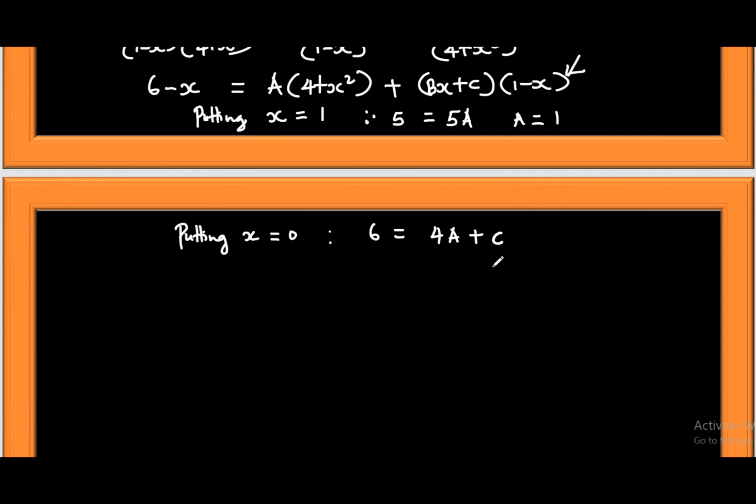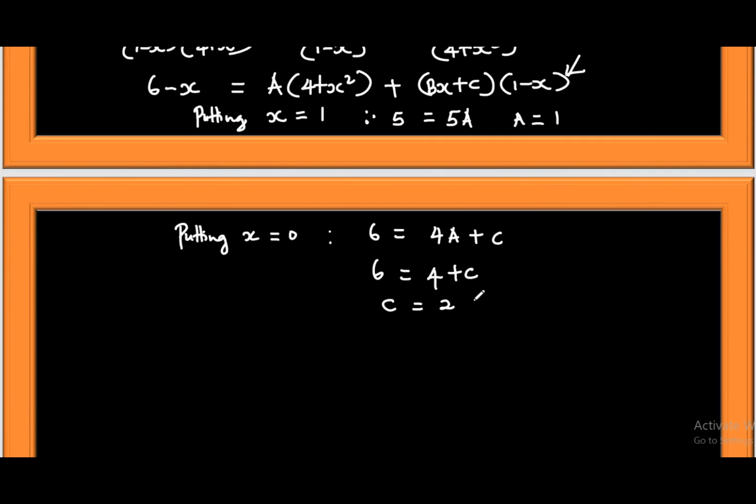So the whole thing becomes 4a plus c. We need to remember that the value of a is already 1, so we substitute a as 1. That means 4 times 1 is 4 plus c, and therefore the value of c becomes 6 minus 4, which is 2.